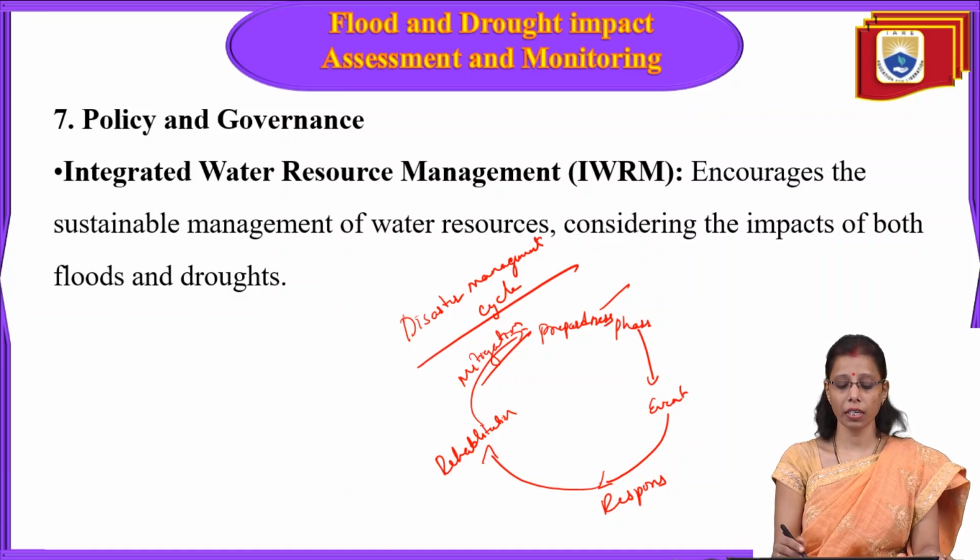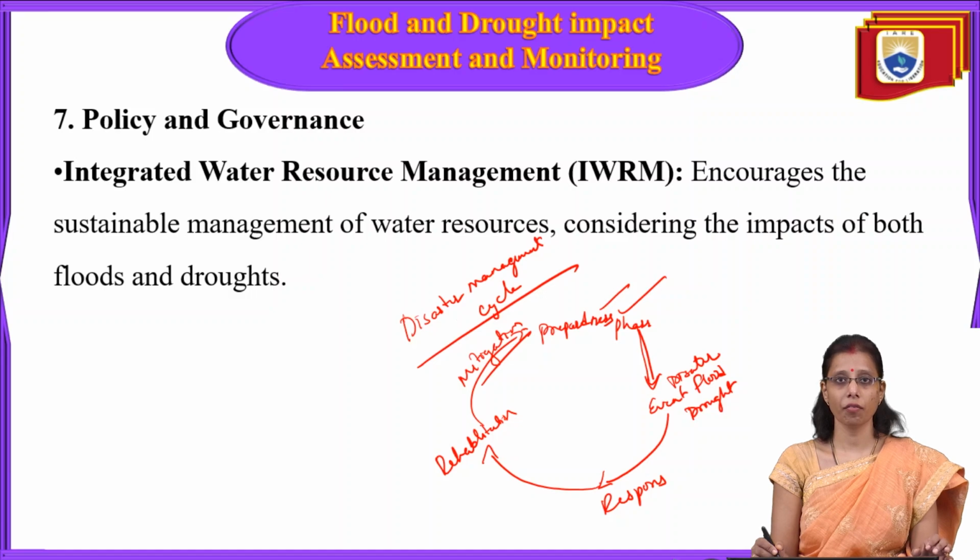Whenever a disaster occurs, either flood or drought, the effect will be less due to preparedness. It helps us manage the water resource and lower the impacts in such regions.